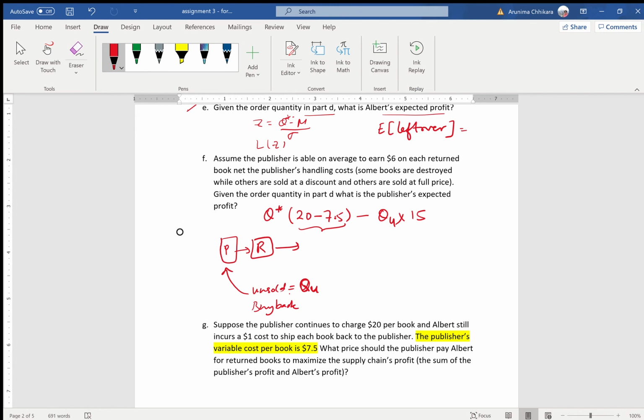And it says that on average they're able to earn $6 on each of the returned books. So we would subtract it. So they pay the retailers $15, but they're able to make $6 on each of those unsold copies because that's their salvage value. That's the salvage value for the publisher. So that's how we would be finding the profit in this case.